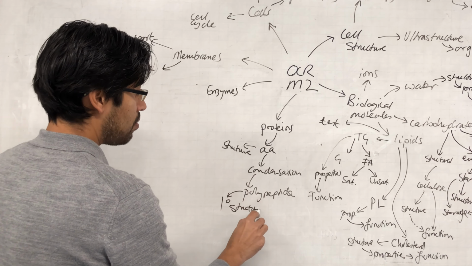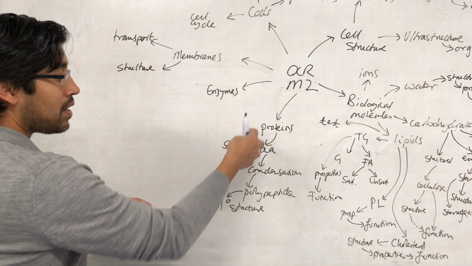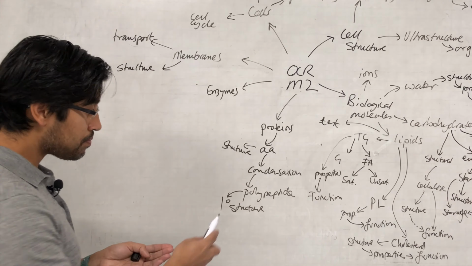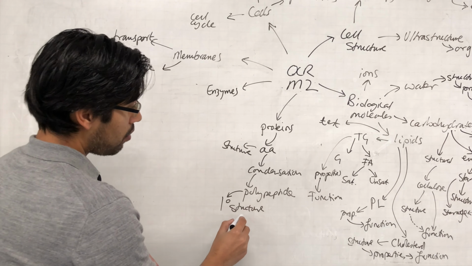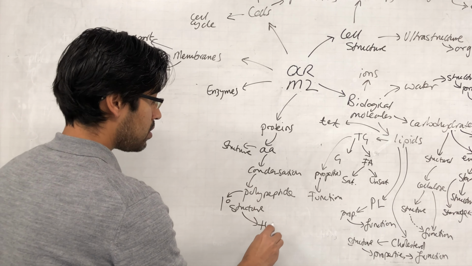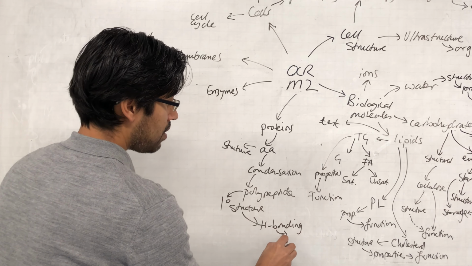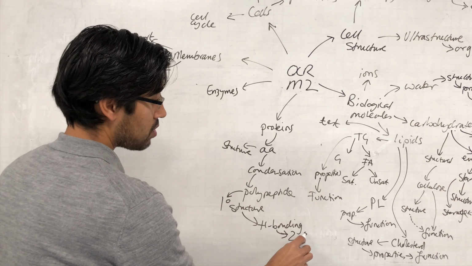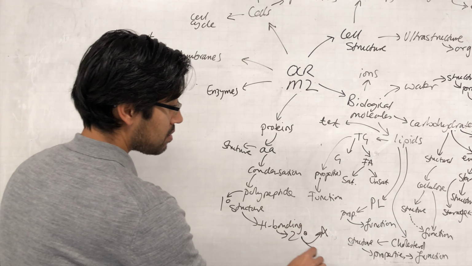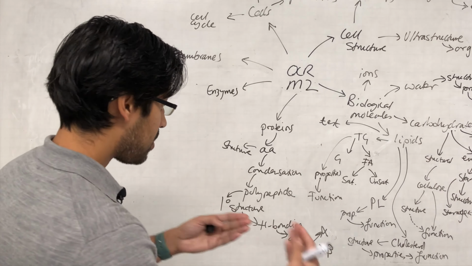So be able to define what the primary structure is, but understand how you got there from your starting material of amino acids. Next, how the primary structure, due to hydrogen bonding, is connected to secondary structure: your alpha helix and your beta pleated sheet. So that's the secondary structure.